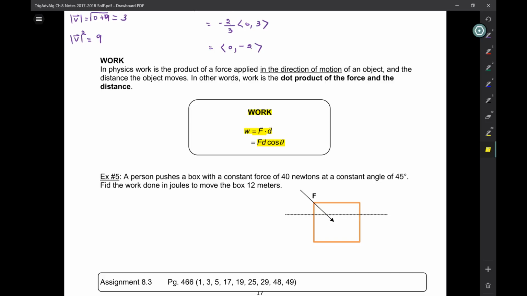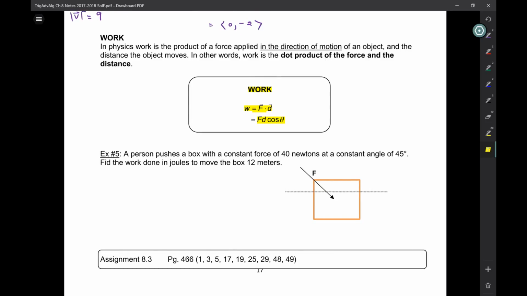I just apply a diagonal force. That force, remember, has a vertical and a horizontal part. The horizontal part of the force is what's responsible for moving that table. The vertical portion of my force pretty much is wasted when it comes to work, okay?